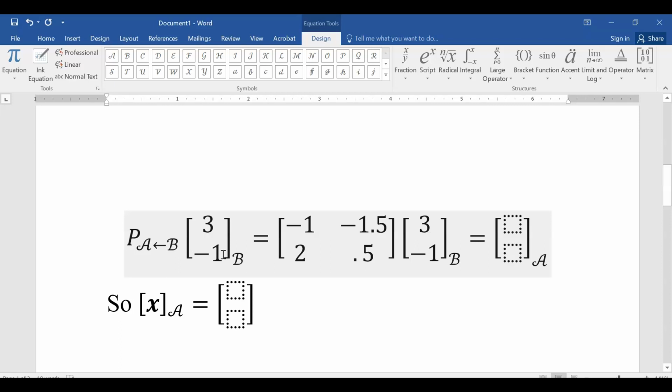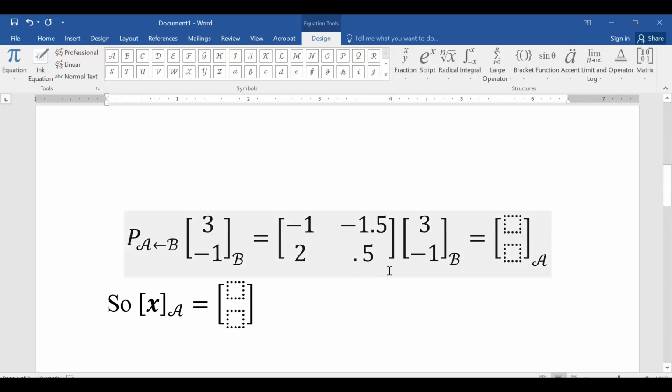If I have 3, -1 written as a coordinate vector with respect to basis B, I'm going to take my matrix that sends it from B to A, and simply multiply it by 3, -1. I do want to say real quick that obviously the order is important. If I try to take 3, -1 and put the matrix on the right-hand side, it wouldn't work so well, as we all should know.